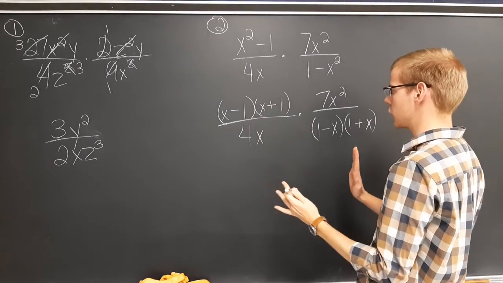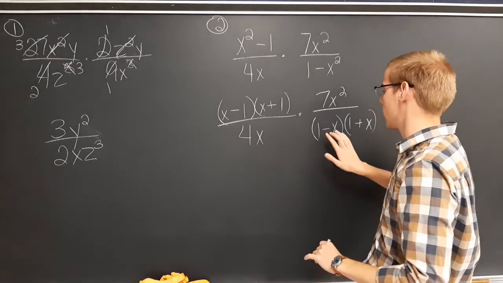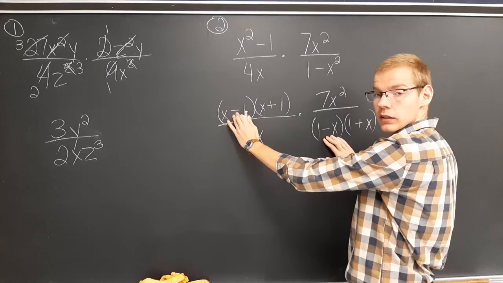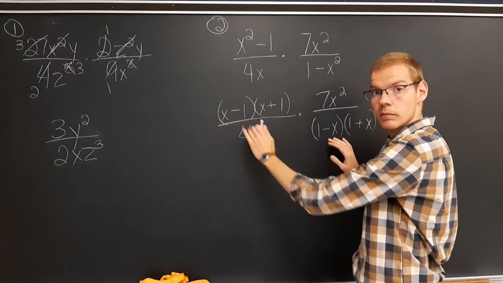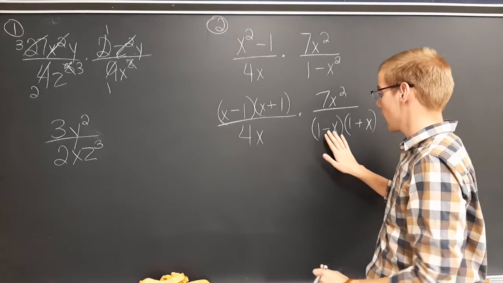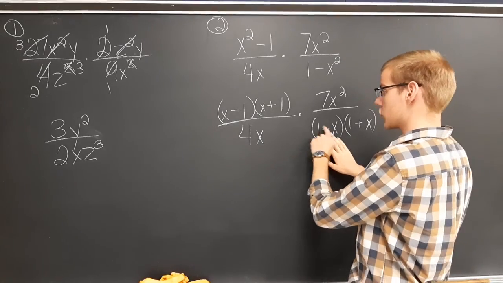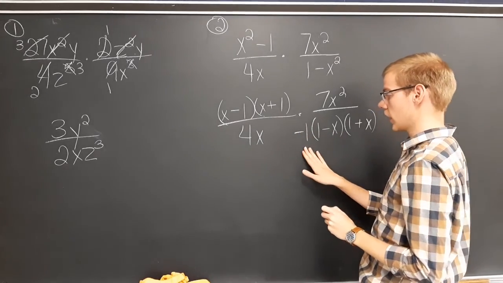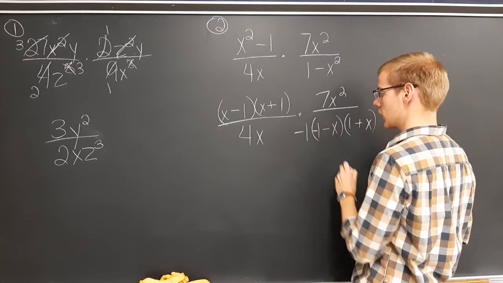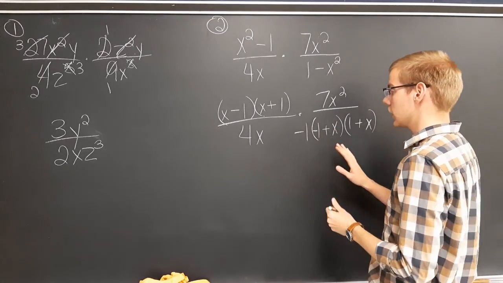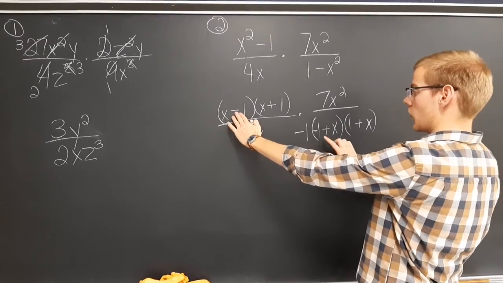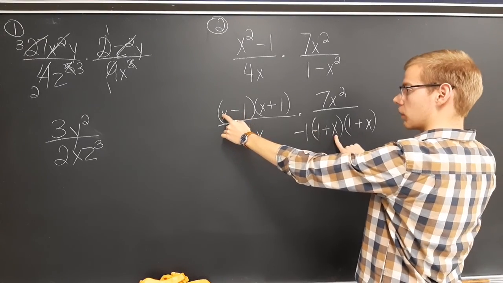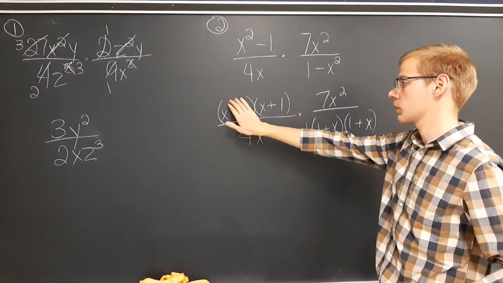You don't have to do any -1 thing. But this and this are opposites. Therefore, if we want to actually simplify these, put your -1 there, change that to a negative and this to a positive. Now, we have a -1 and a positive x. Therefore, now we can simplify those two.